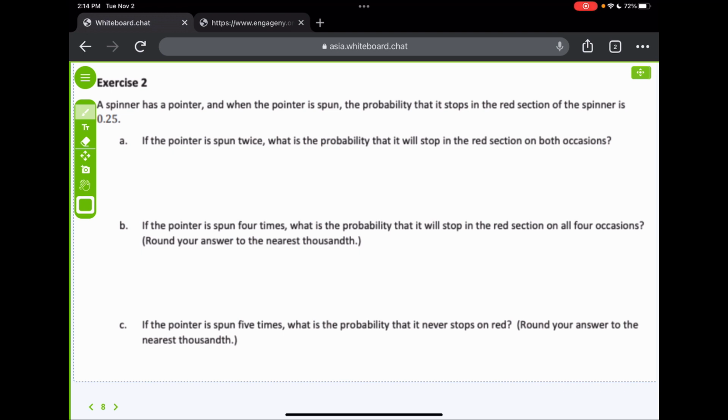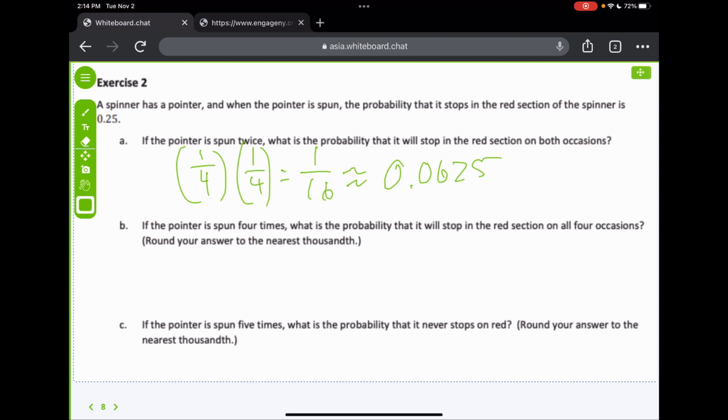Does it matter what it lands on the first time? No. So, it's not going to matter the second time, and we can just multiply those together. And that's 1/16, which is about 0.0625. That's your probability of that happening.